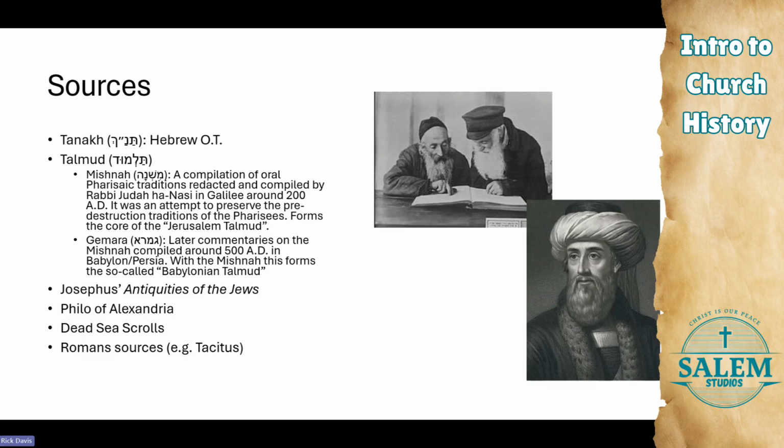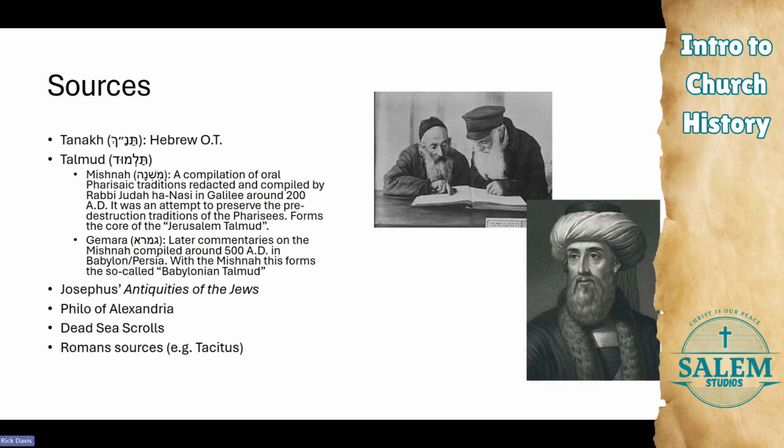That's literally Judah the Prince in Hebrew, who was a rabbi in Galilee around 200 AD. And it was his attempt to preserve the teachings of the Pharisees from prior to the destruction of the temple. And so he wanted to preserve those traditions before they were lost in the midst of time.